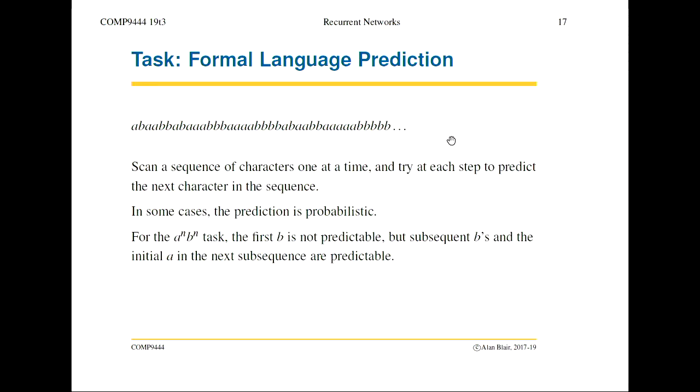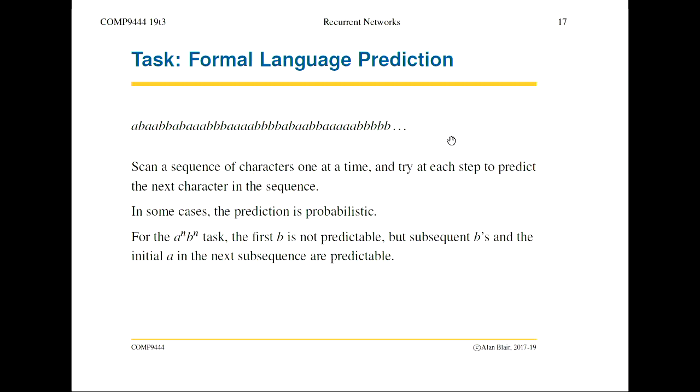Well, every time you have a sequence of A's and B's, you're allowed to have any number of A's, but then it has to be followed by an equal number of B's. So if you have one A, you've got to have one B. If you've got two A's, it'll be followed by two B's, and so on.